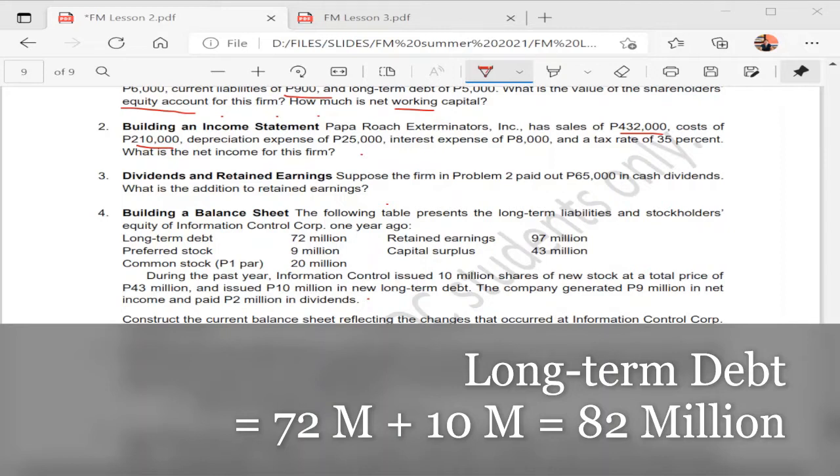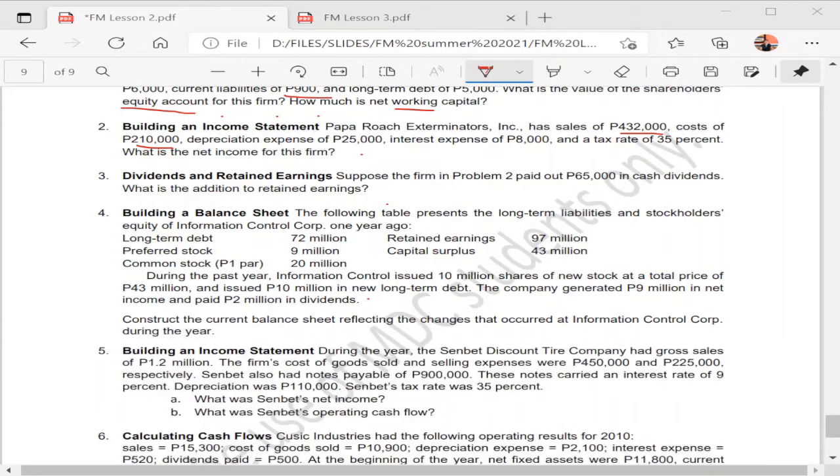Okay, next question. The next in line in the given is 9 million preferred stock. How much is the ending balance of our preferred stock here? Are there any changes? If you're going to ask, what does this 10 million shares refer to? Actually, it's not identified in the original problem.